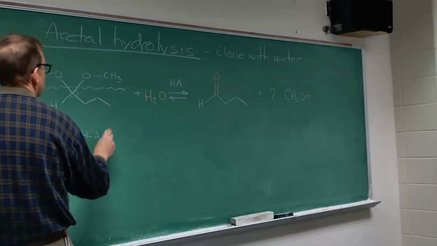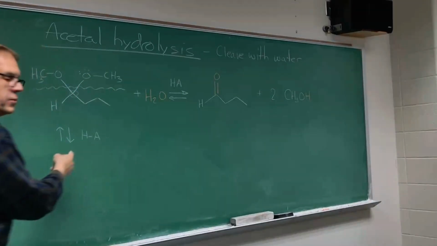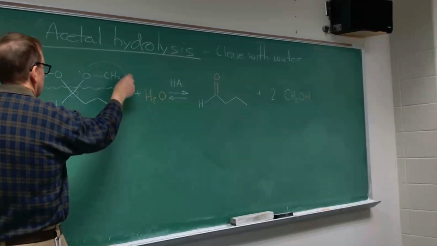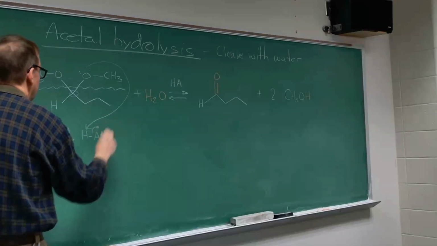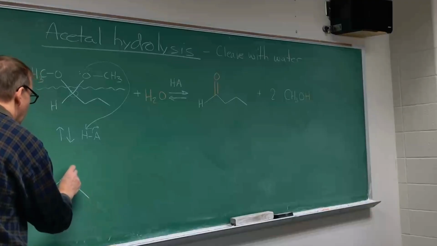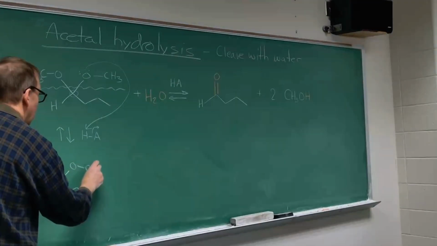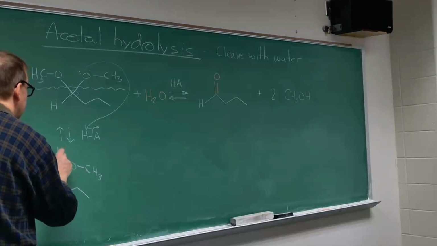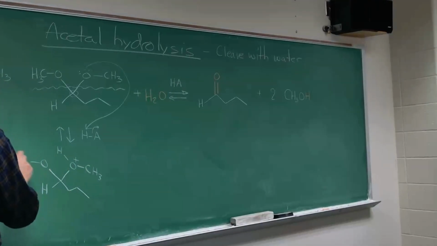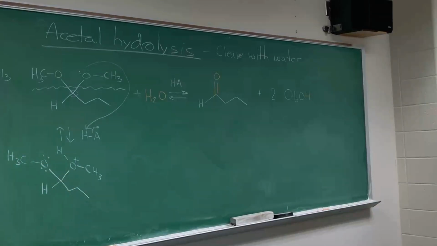The first thing that happens is the acid protonates one of the 2 OR groups on the O. It doesn't matter which one. In this case, they're both the same. That gives this intermediate where one of the OR groups has been made into a good leaving group. So this thing would leave as a weak base, methanol, and that's what happens in the next step. There's an A minus here.